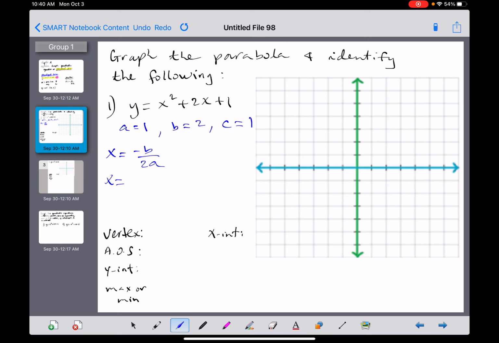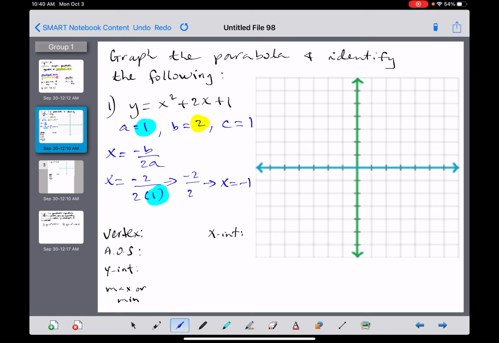So x equal to negative b, which is 2 from here, but that's negative b, so it becomes negative 2, over 2 times a, which is 2 times 1. Now we're just going to evaluate. That's negative 2 over 2, so x equals negative 1.